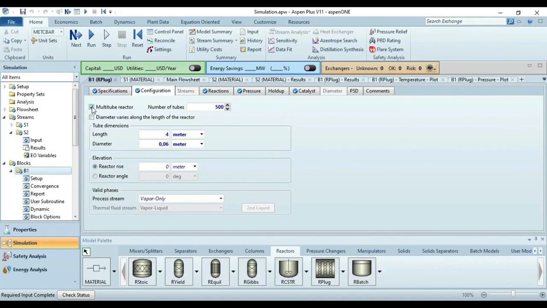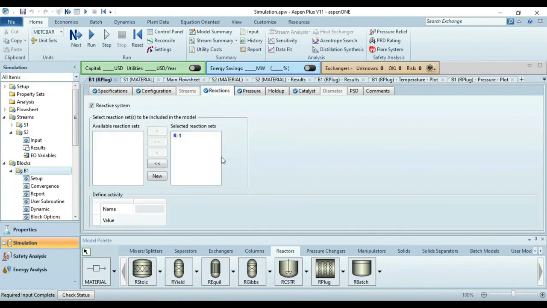After that, in configuration, let's select the option of multi-tube reactor with 500 tubes. The tube dimensions are 4 meters long and a diameter of 0.06 meters, 6 centimeters, as we said for our system, without elevation. Our reactor is horizontal. And next, let's select vapor only as the valid phase, because let's consider that there is no liquid phase in our reaction.